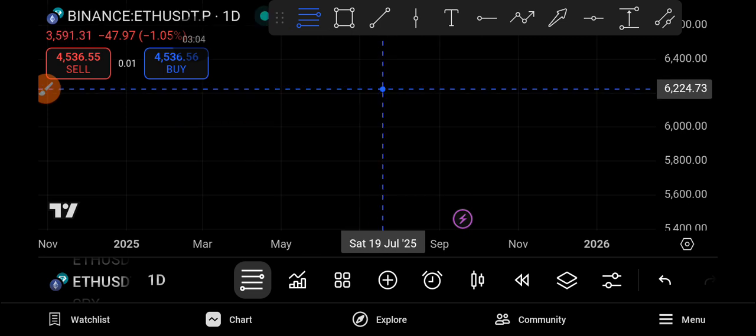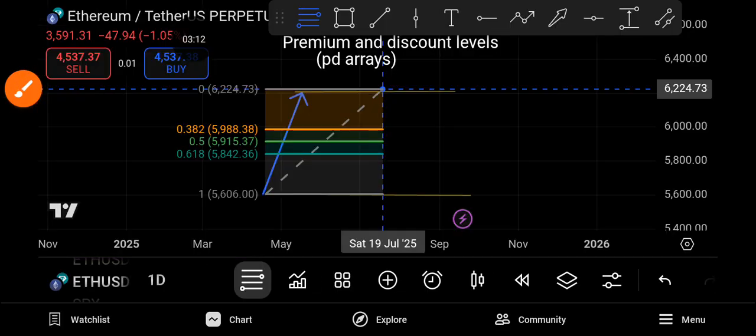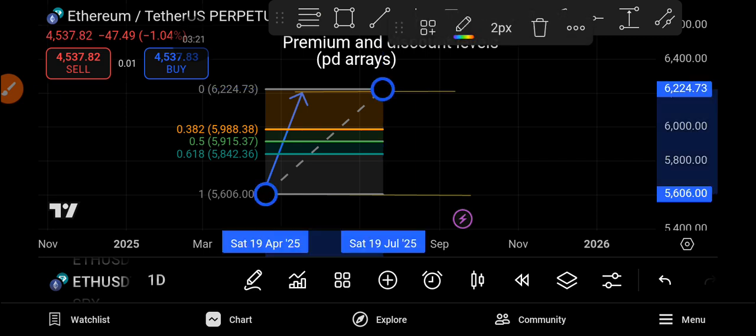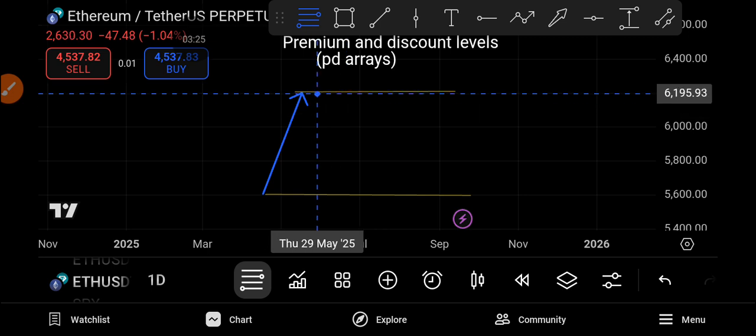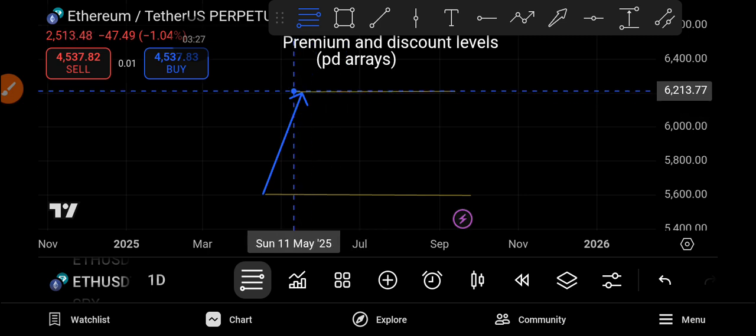Sorry, I've flipped it. My network is disturbing me, sorry. So let me draw here our Fibonacci. We have the Fibonacci tool.